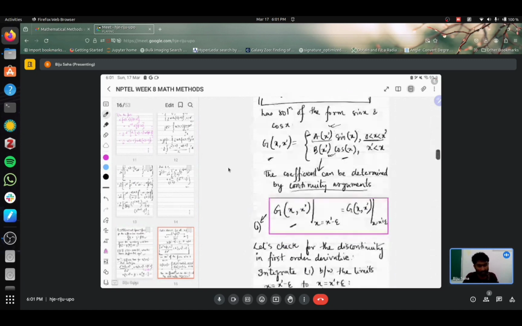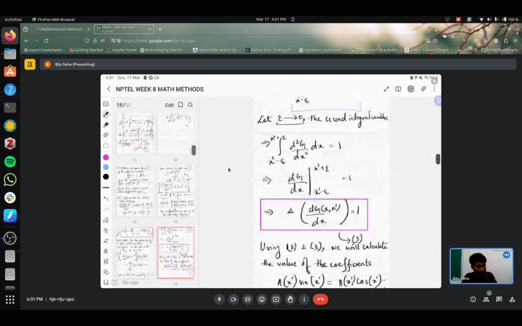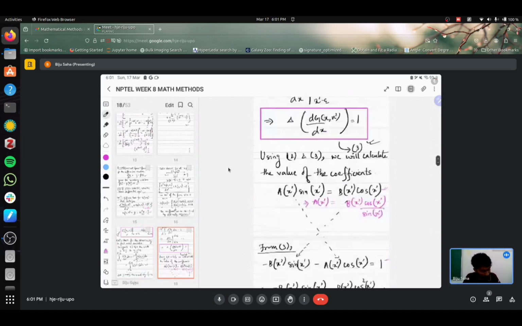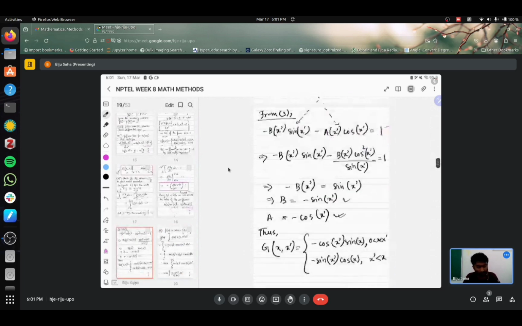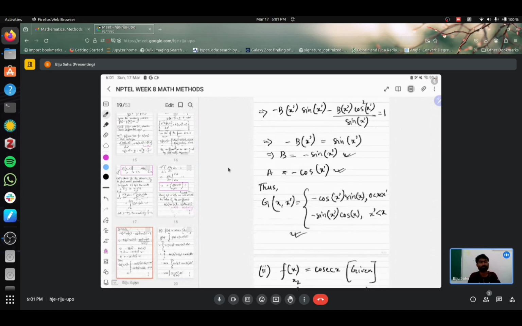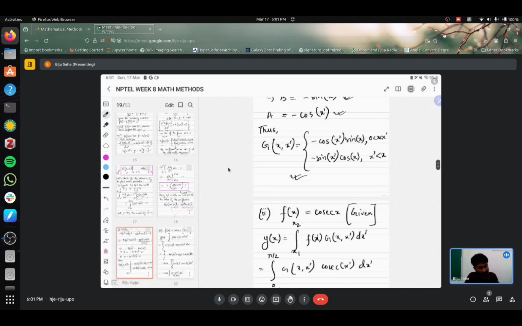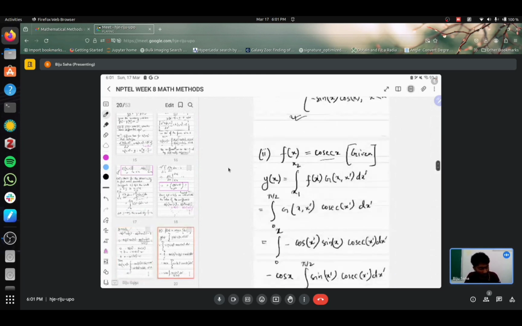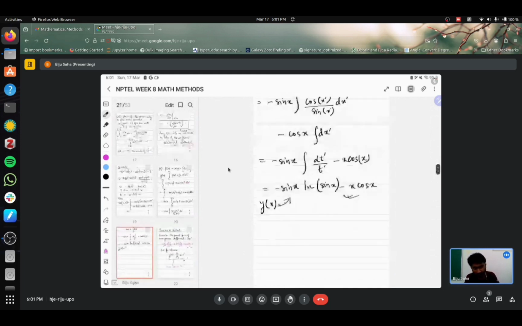So this is one continuity condition on the function, and next we know by what amount the Green's function is discontinuous. Using these two equations, we get the values of the coefficients a and b. Likewise, we get the expression for the Green's function, and knowing the function f(x) equal to cos x, we could just perform the integration and arrive at the solution of the differential equation.